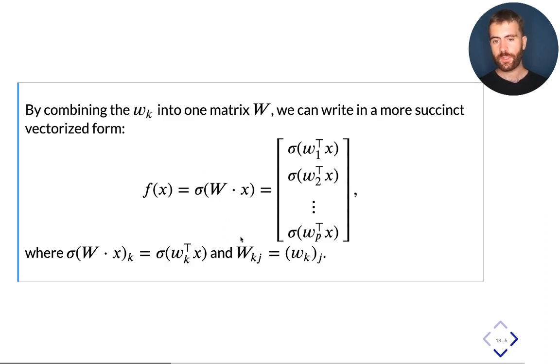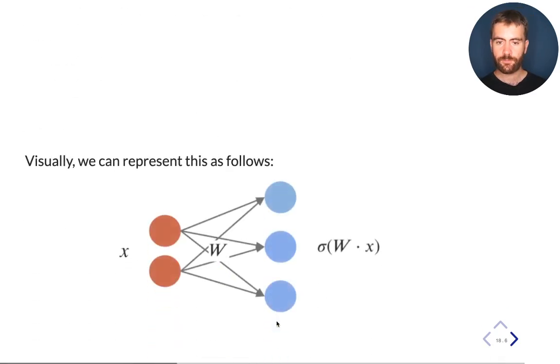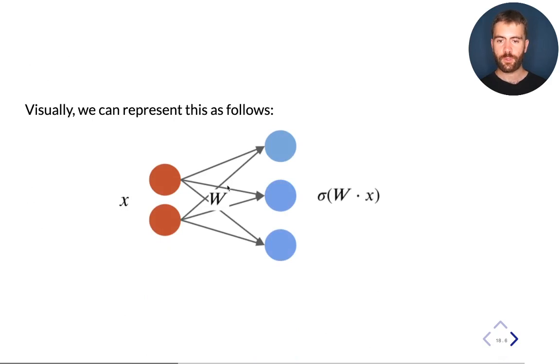This is a bit of notation to make things more succinct. If we use linear algebra libraries to implement it in this way, it will make things much faster. Graphically, this entire layer has a set of parameters denoted by a matrix W, and the output is simply sigma of W times x.